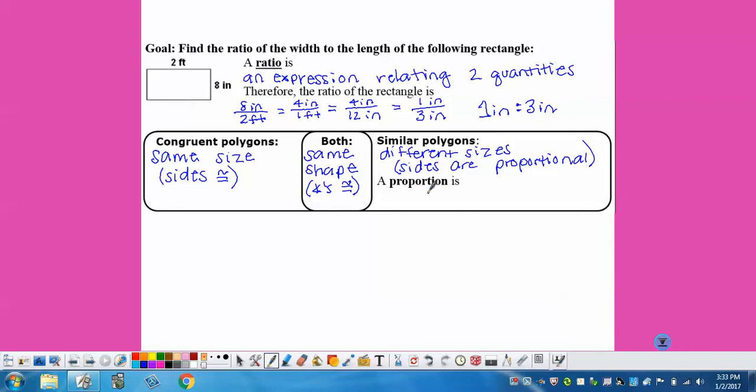A proportion is an equation relating two ratios.